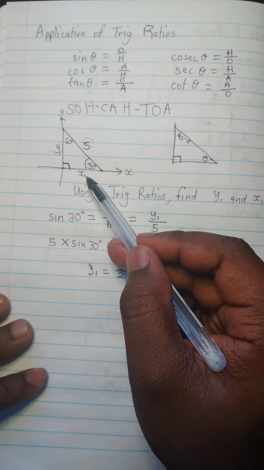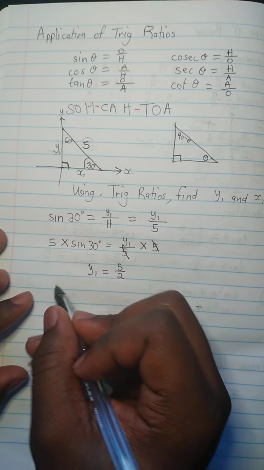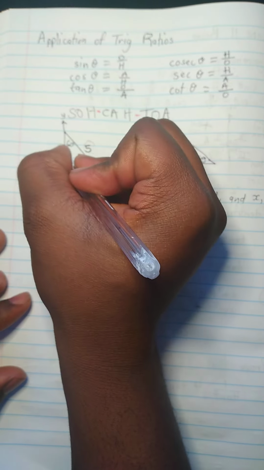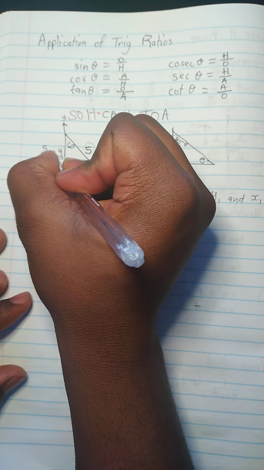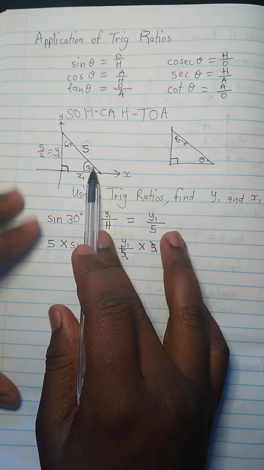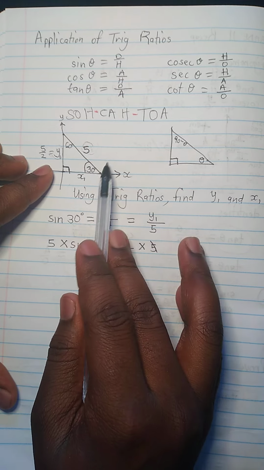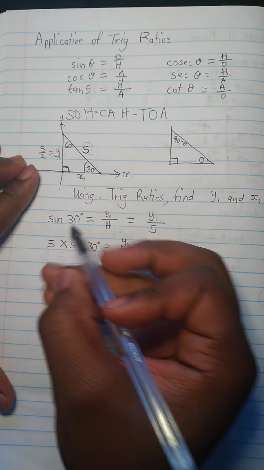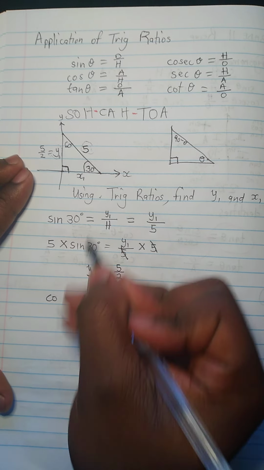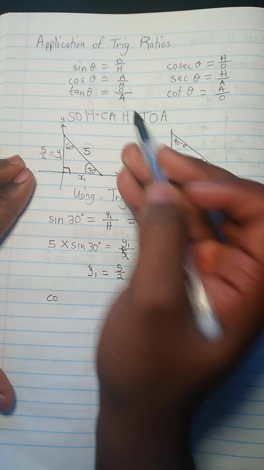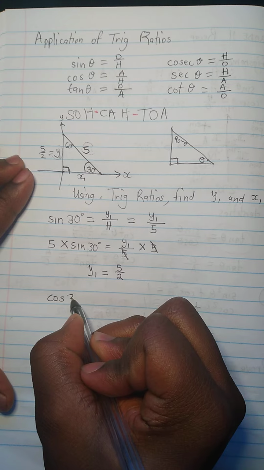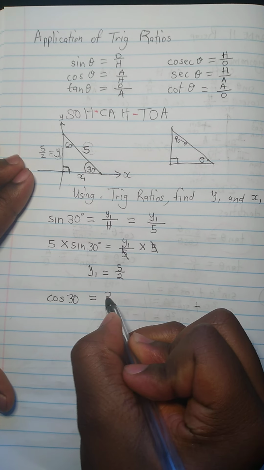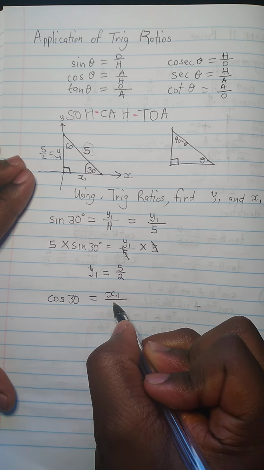Then as for x1, we have indicated here this is 5/2. As for our x1, we have to use the one that has adjacent and hypotenuse. So that's cos, because cos talks about adjacent and hypotenuse. So cos 30 degrees is equal to x1 over 5.